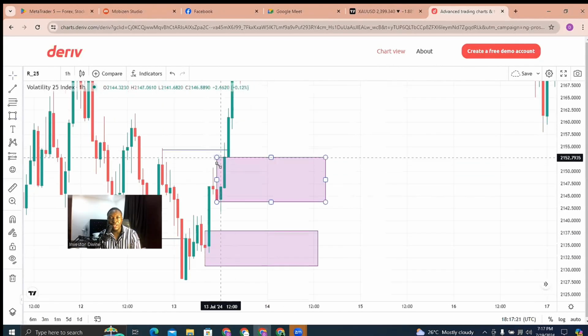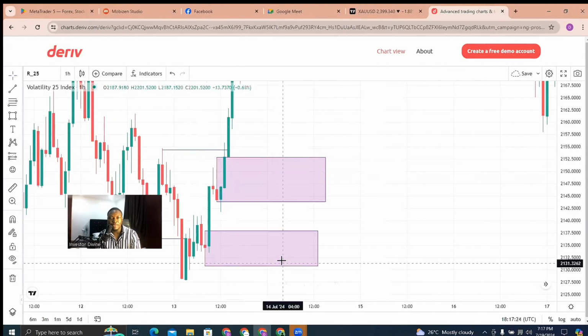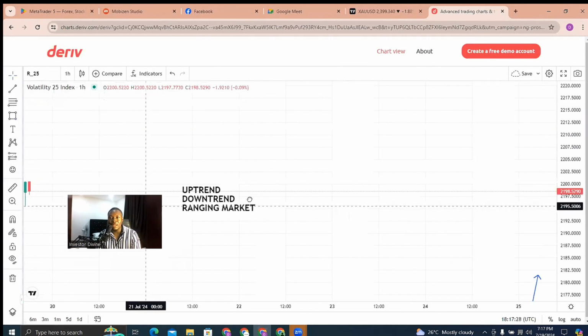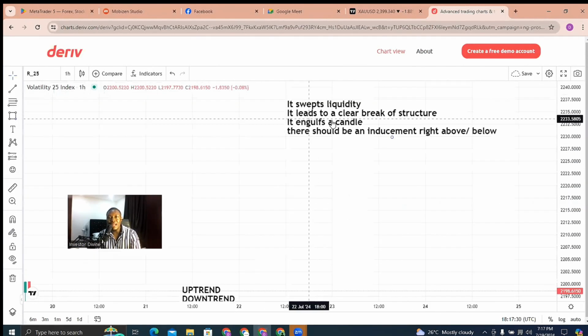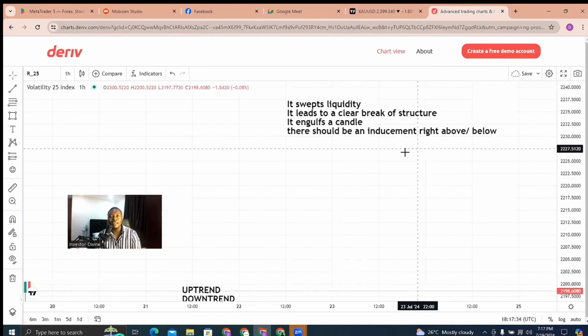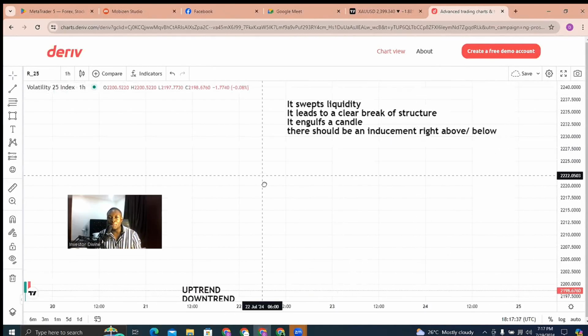That is from the top of the candle to the bottom of the candle. But then remember our rules. After engulfing a candle, there should be an inducement sitting right above or below it.